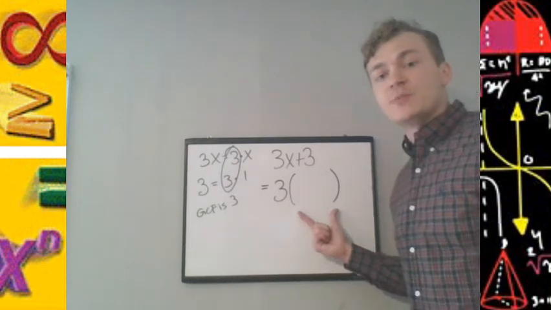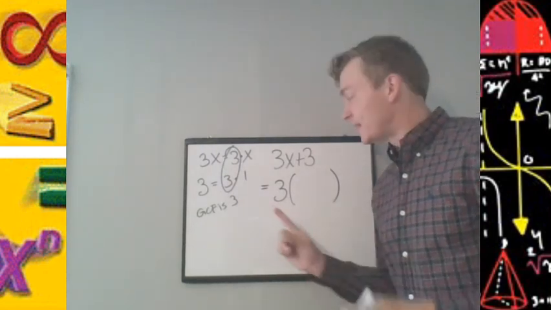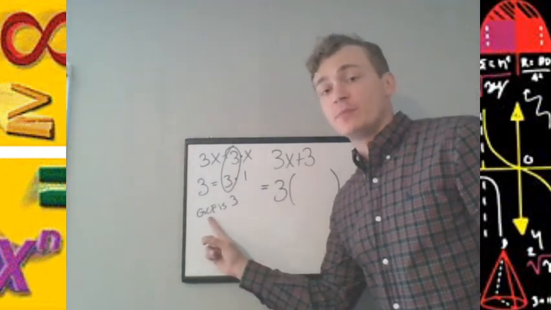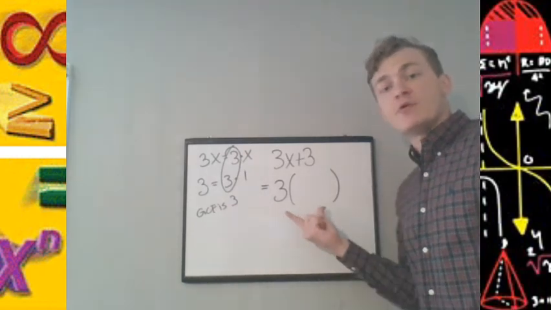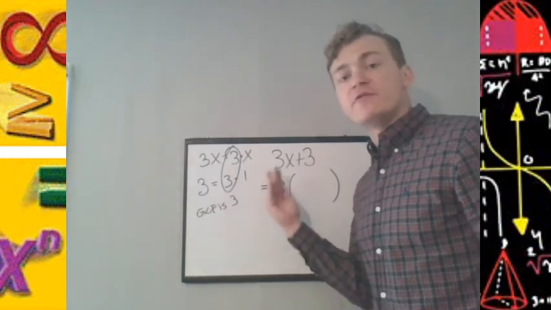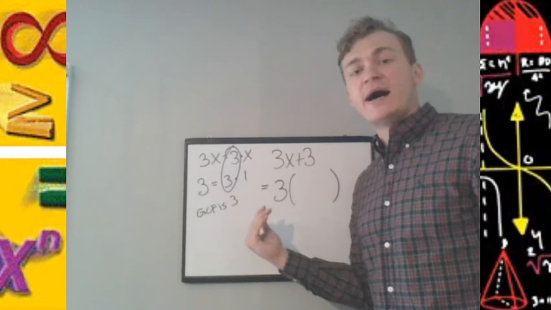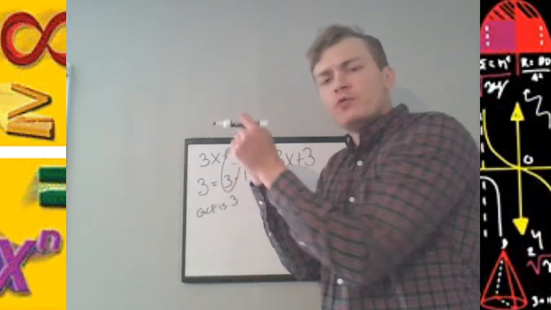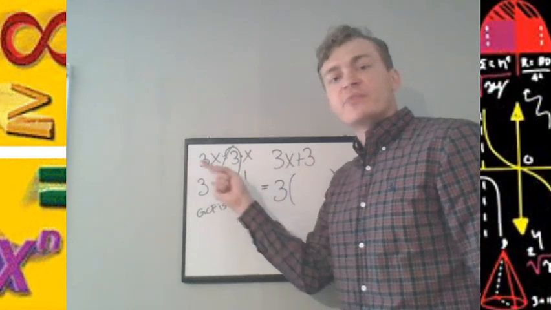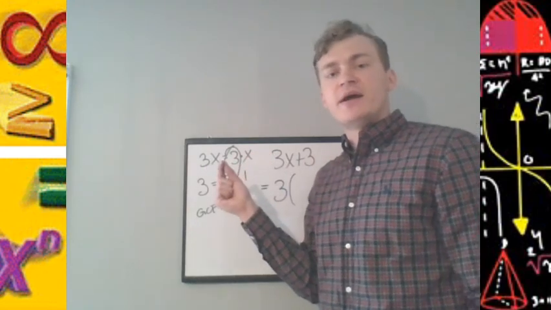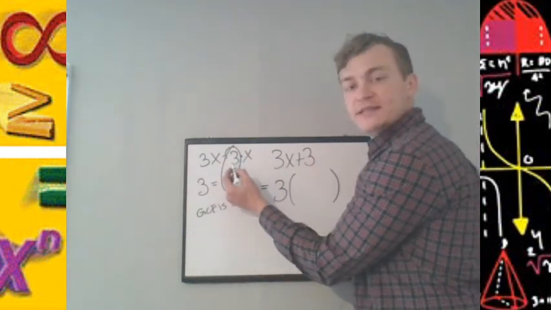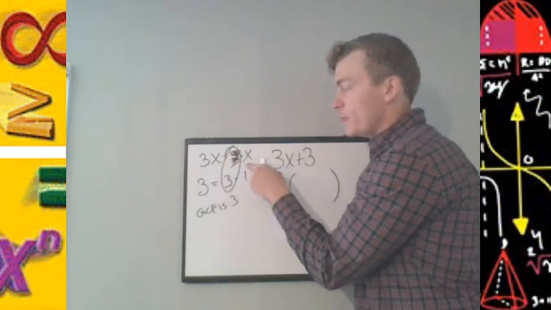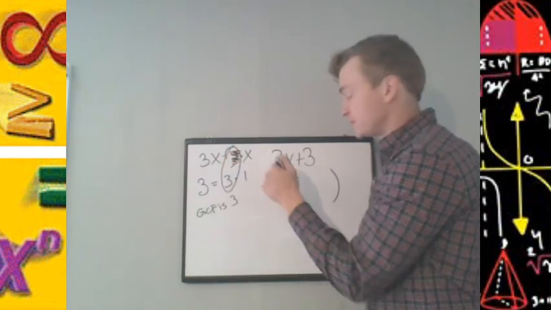We will now use parentheses to indicate that this factor, which again factors multiply, this 3 is now going to multiply whatever terms we leave behind. For the 3x here, if we remove that 3 from 3x, what do we leave behind? If this 3 gets eliminated, we leave behind simply a factor of x.